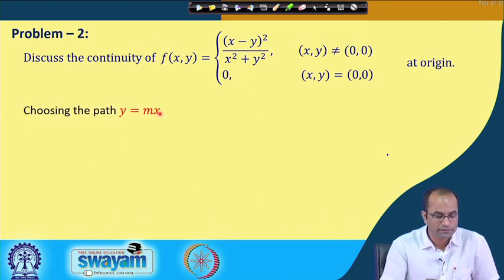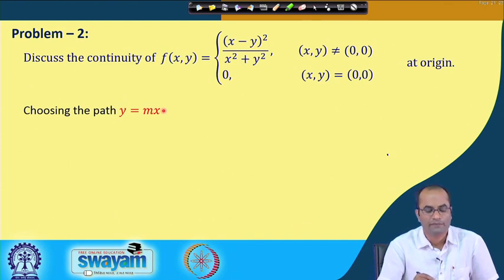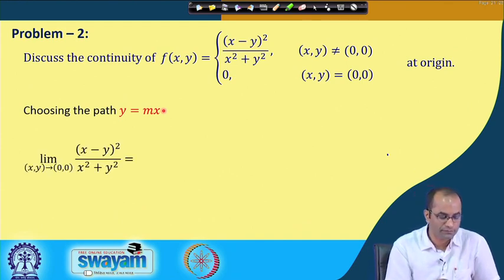In this case we will choose the path y equal to mx, because choosing this path is again conclusive: the order here is 2, in y also it is 2, and there also it is 2. So choosing y equal to mx, the x will get cancelled and this limit will depend on m. In most of the cases this will work.